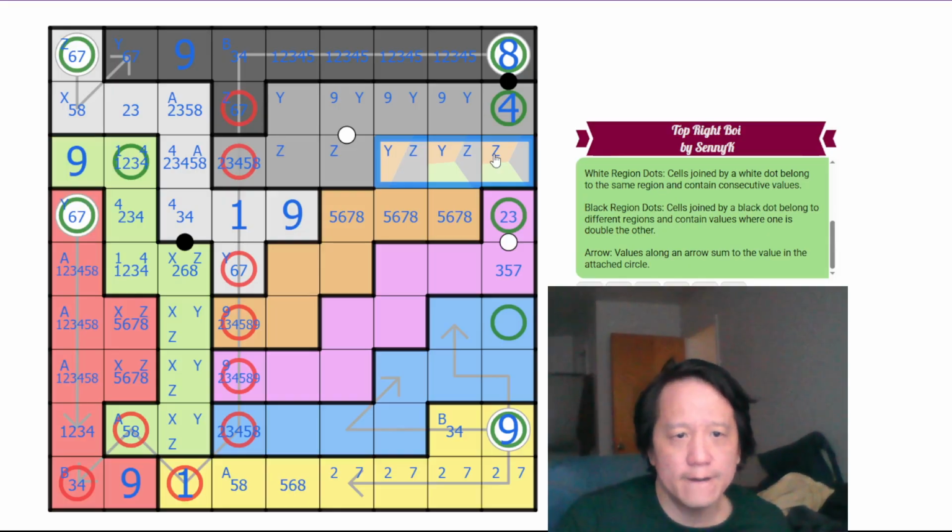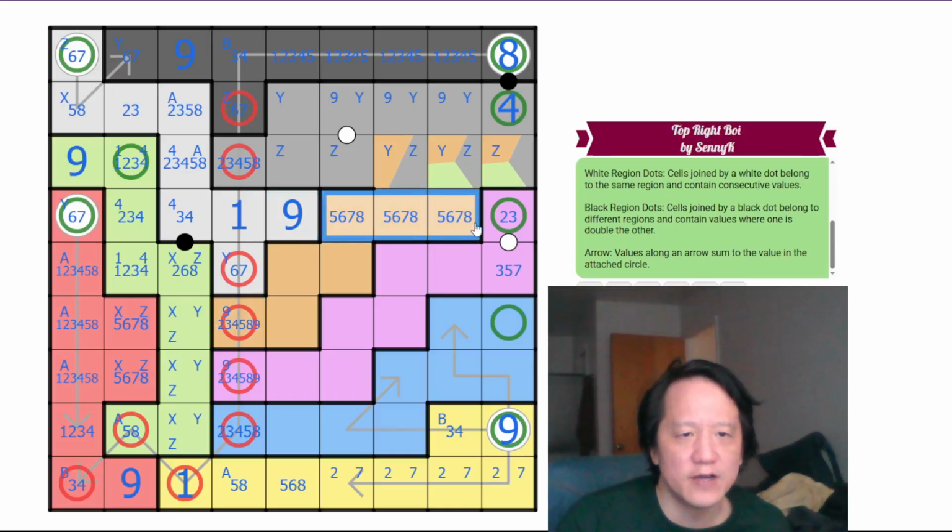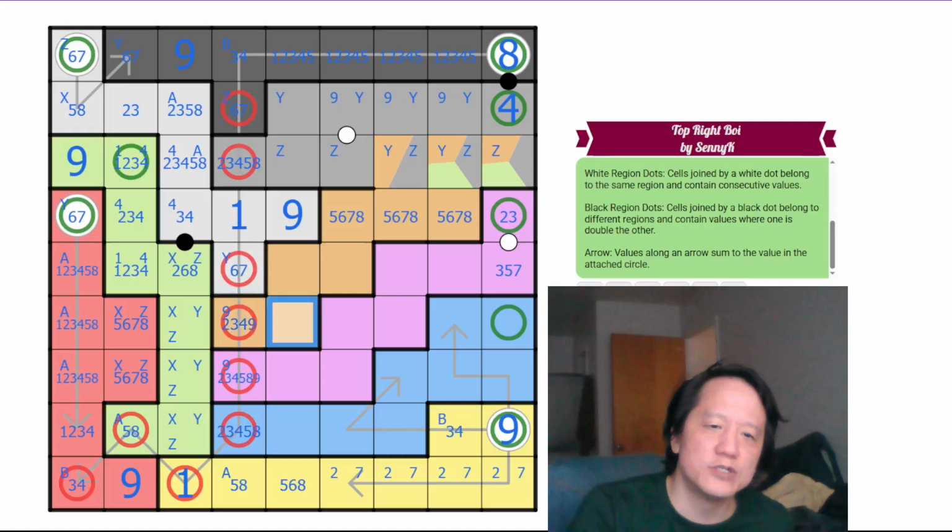So that means the rest of orange cannot contain 6 or 7. Or 5 or 8, because we are guaranteed 5 and 8 here. So that means the remaining digits of orange region are 1, 2, 3, 4, and 9.